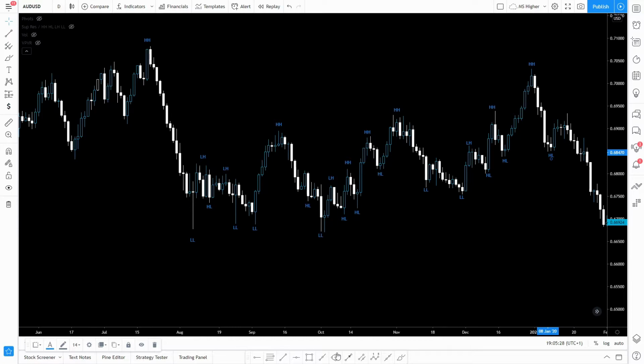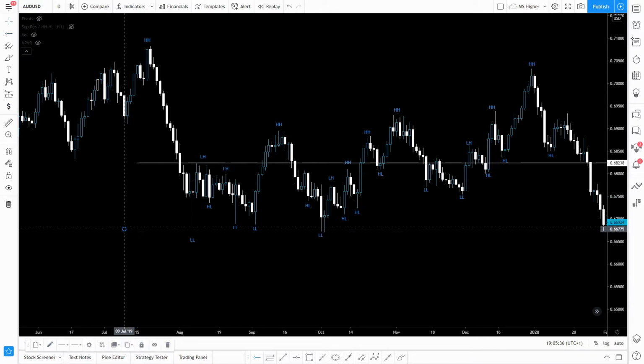For example, if we put a market structure high, market structure low, and at the moment, if we just get rid of this for a second, let's put this here.